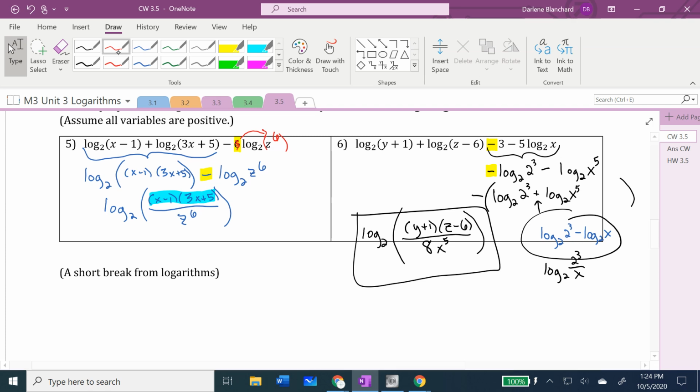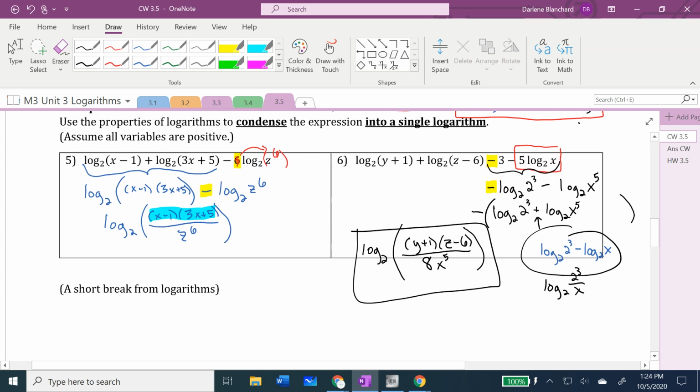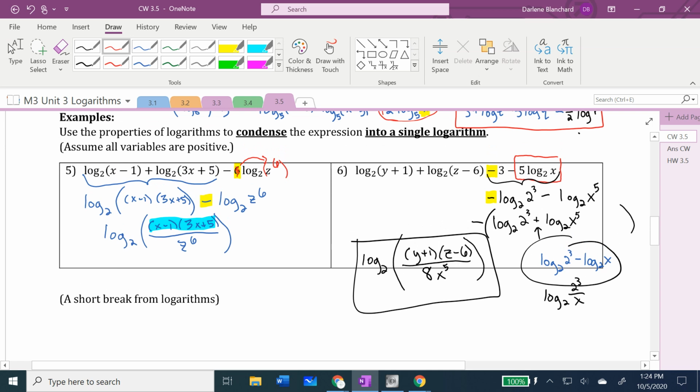Oh, I had erased what I did, but this piece right here, I used the new rule we learned today, and that multiplication of 5 turned into an exponent of the 5. And that doesn't feel normal. It's not normal.